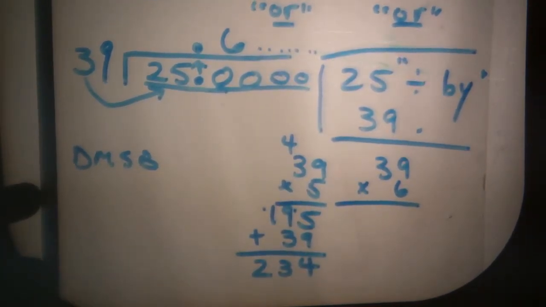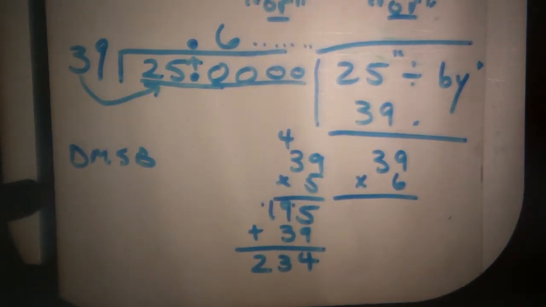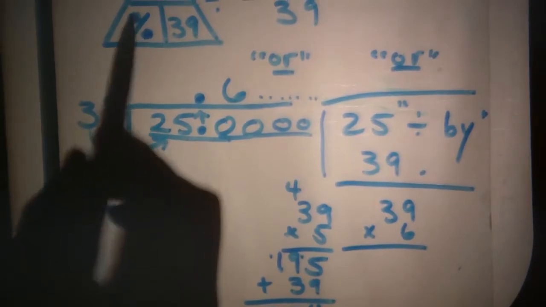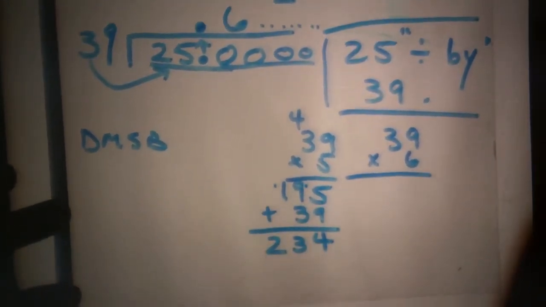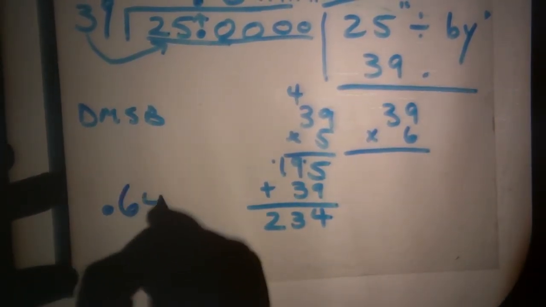So when we have an answer with a decimal, we don't want the decimal answer, though, we want a percent answer. When we have an answer in decimal, for instance, this answer would be 0.64.